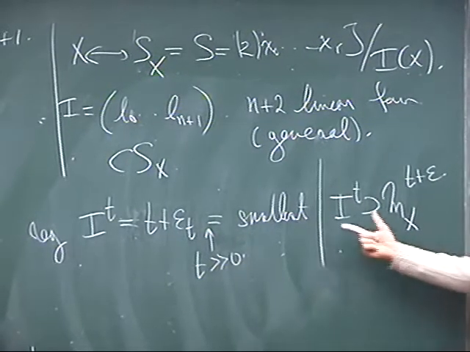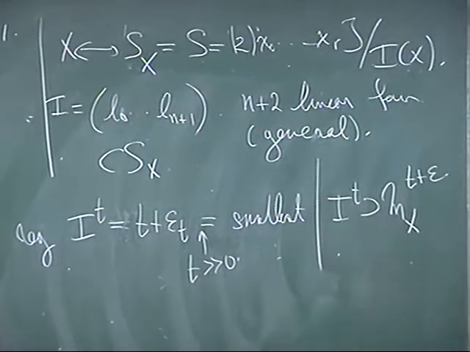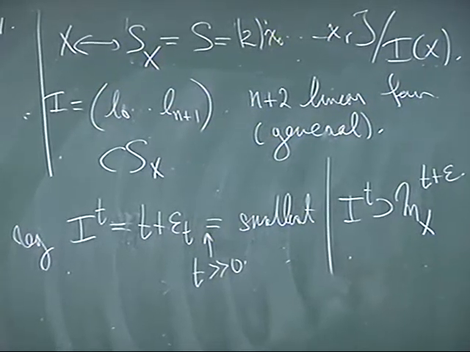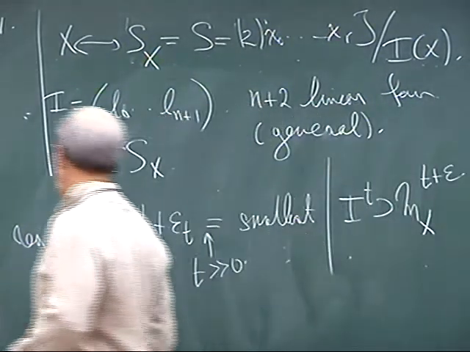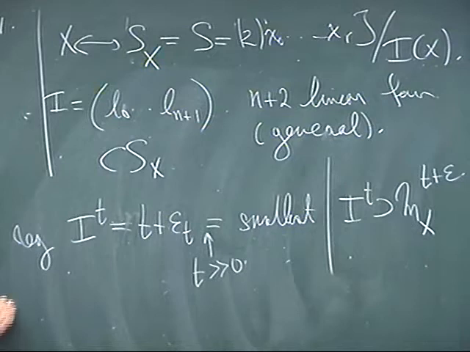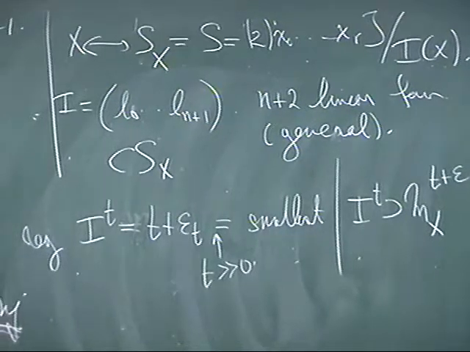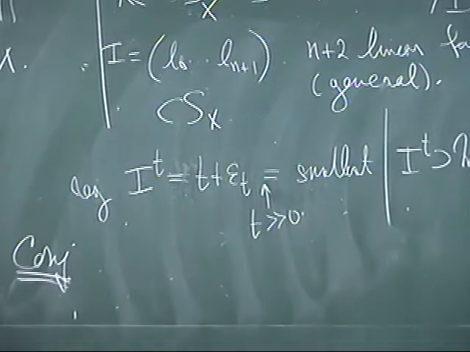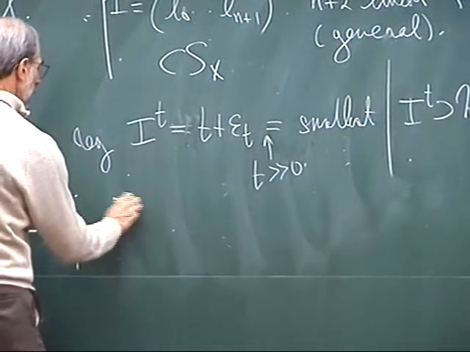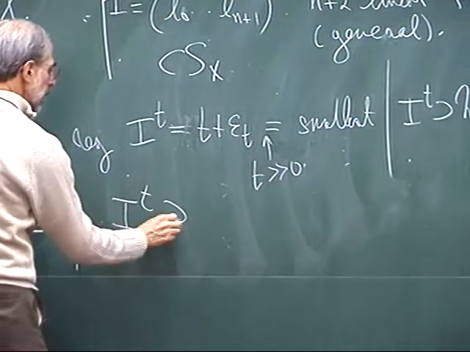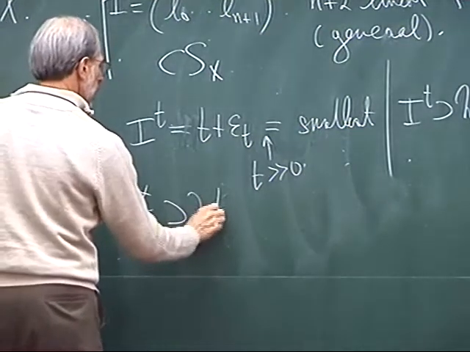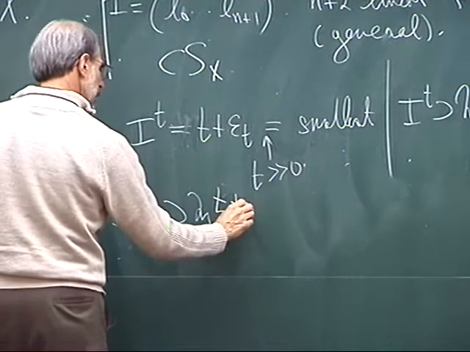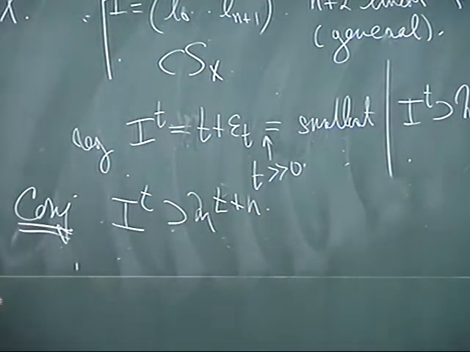So we compare powers of I with powers of the irrelevant ideal, and now the assertion we want, the conjecture that I made before, which would lead to an improvement in our knowledge of regularity of projective varieties, would say that I^t actually contains m^(t+n), I believe it's n, I'm a little off between n and n+1. Let me think about this for a moment.